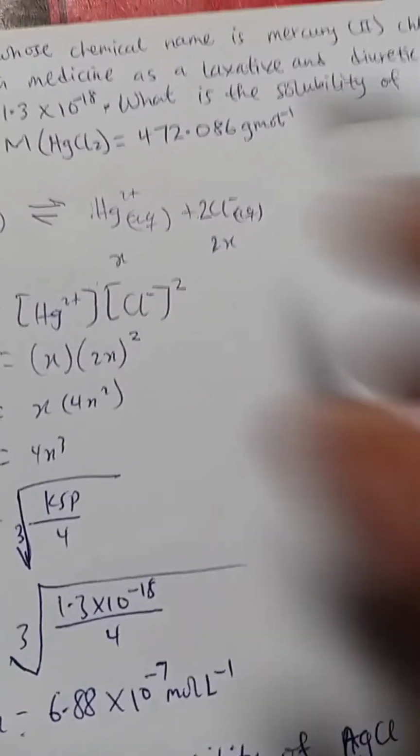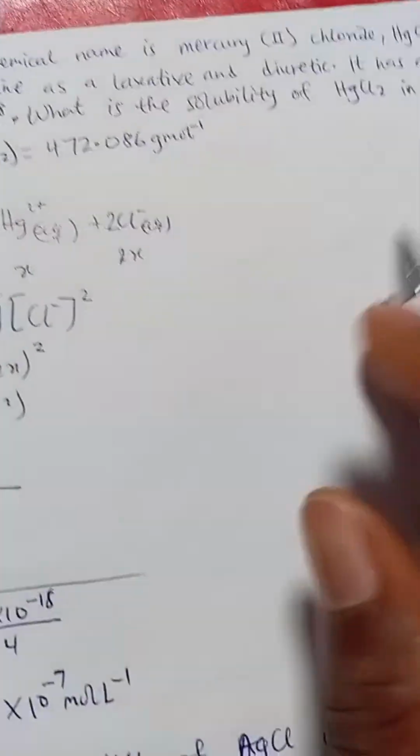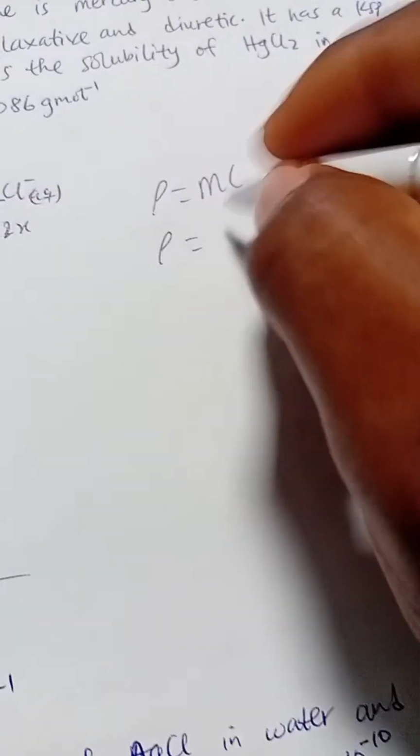But then we are asked to find the solubility in grams per liter. That's mass concentration, or what you know as density. So we know rho equals M times C. We can easily find that; the molar mass was given to us already.